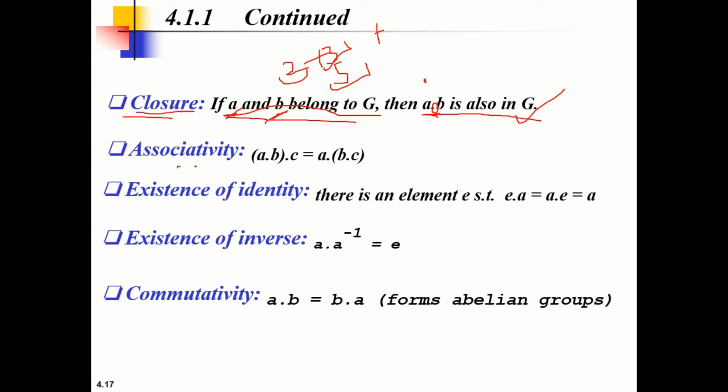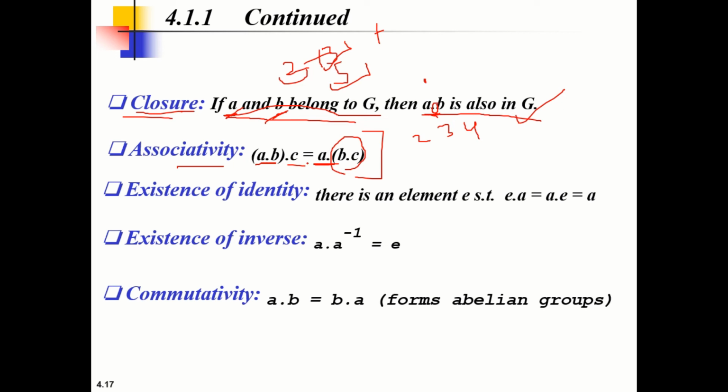Now associativity says that when you perform the operation on A and B first and then on C, it must be equivalent to when you perform the operation on B and C first and then on A. Say for example, I take these three numbers 2, 3 and 4.